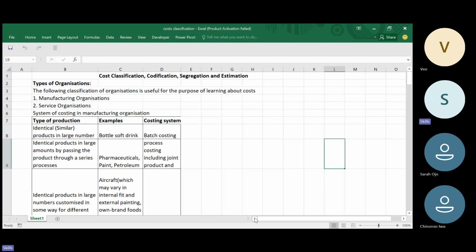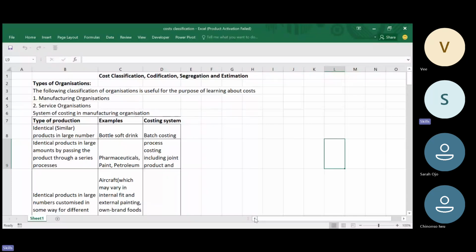One department will have to do something, and then pass it to another department to do something on the product before the product will finally be produced. For example, pharmaceuticals. In pharmaceuticals, you have the lab that will test, the section that will produce the product, and then another part that will package the product. So this one will pass through series of processes.